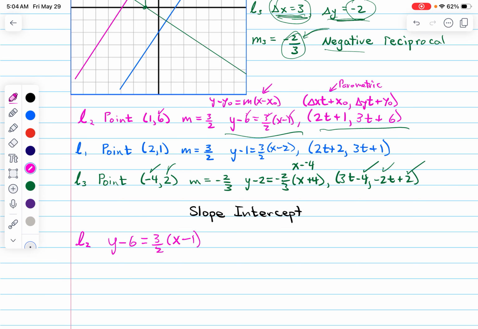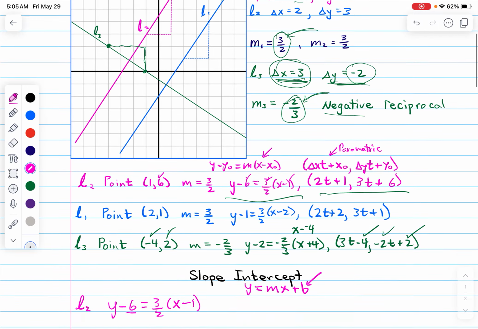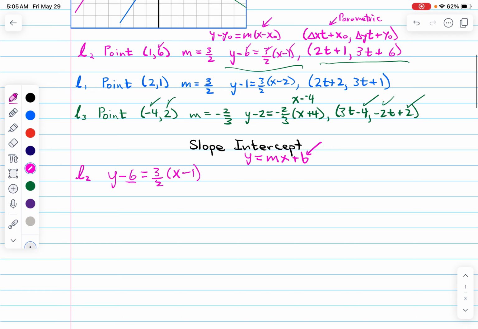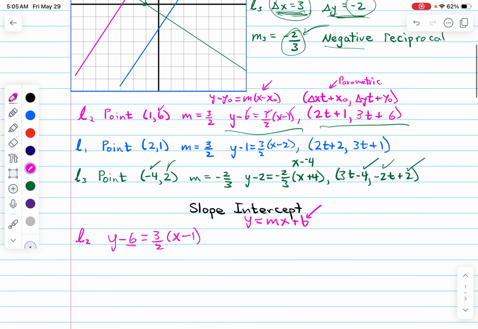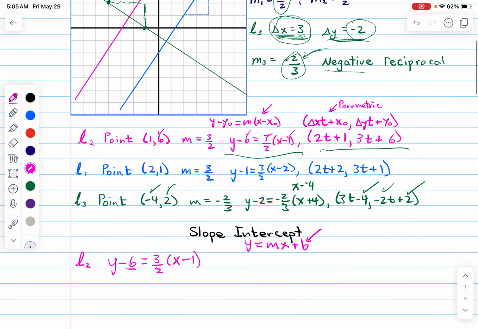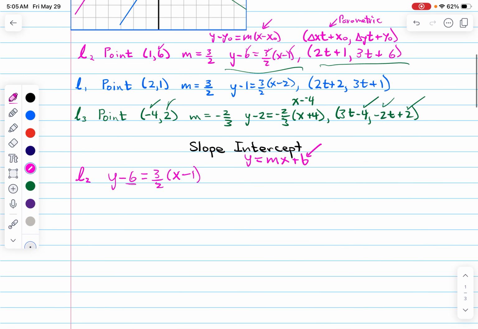Because what I have right now is a y minus 6. So we want to have something that looks like this. And when we do that, what we have here is b. That's where the line crosses the y-axis. So let's see about that.